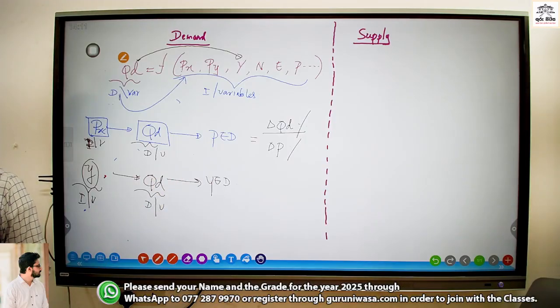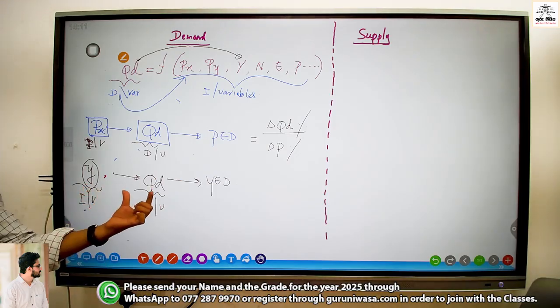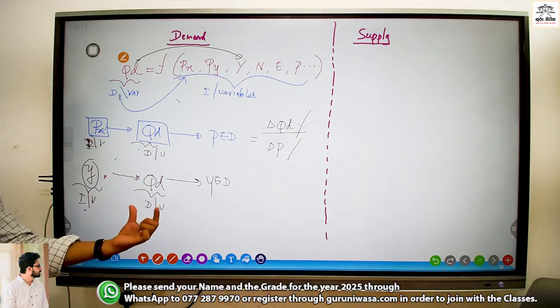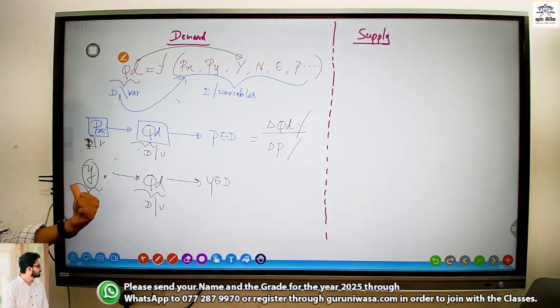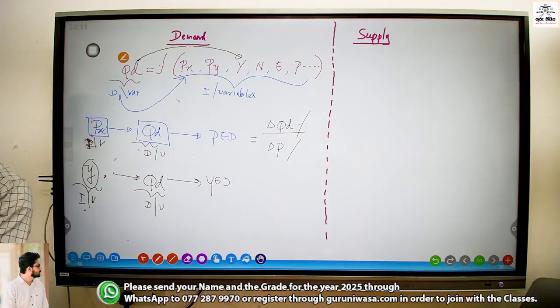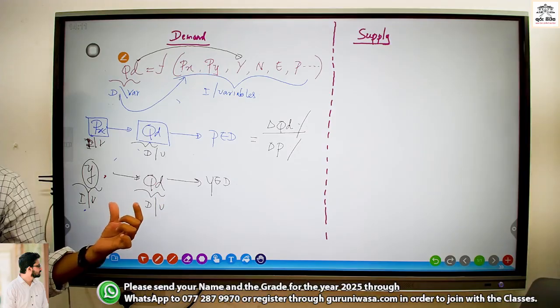What does it measure? The responsiveness of quantity demand to change in buyer's income, not the price of the product, not price of anything. We're talking about buyer's income. This is called YED or income elasticity.